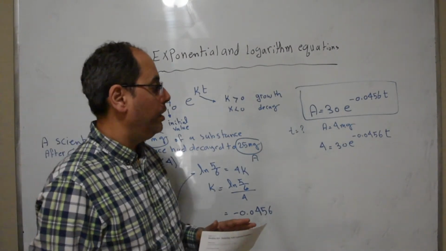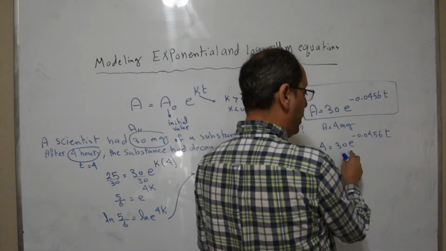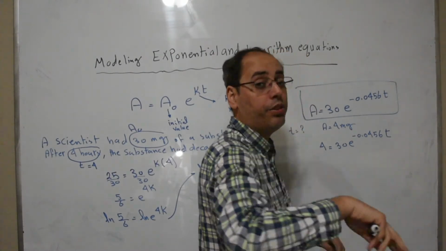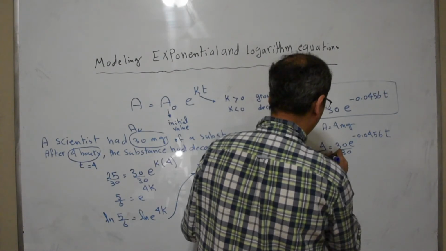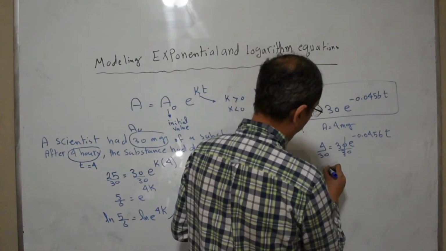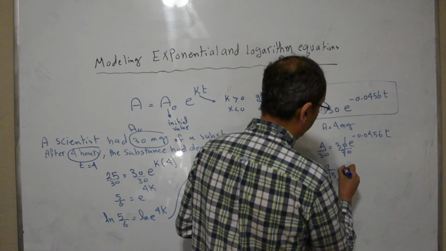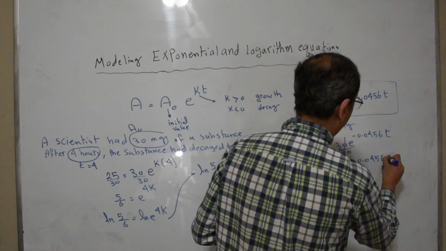First of all, divide by 30, because I need to isolate e and use the natural log. So I got 2/15 equals e to the negative 0.0456 t.